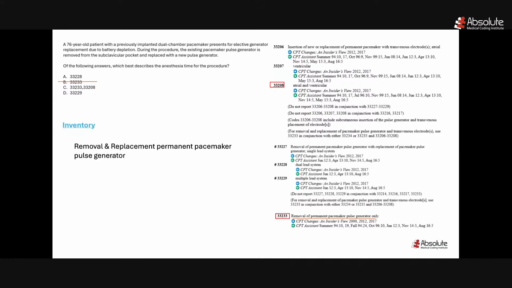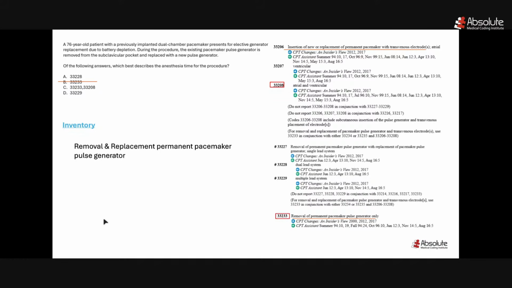Let's see option C. Option C is coding for 33233, which is for a removal of the permanent pacemaker pulse generator only, and 33208. Now, this is coding for an insertion of a new or replacement of a permanent pacemaker with transvenous electrode, atrial and ventricular. That is very important.